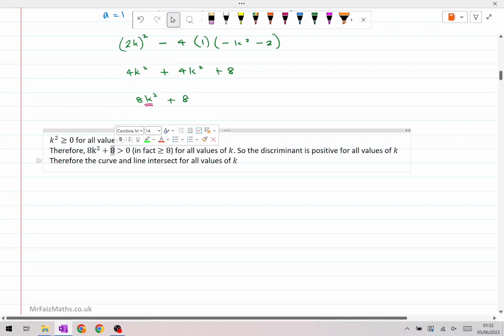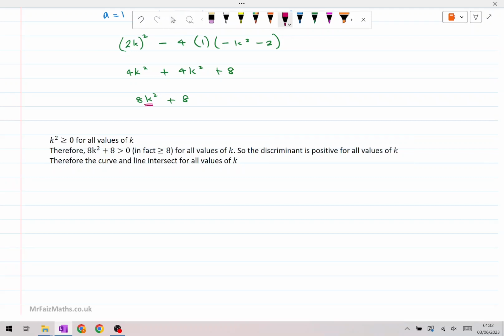But when we add 8 to it, that is now always going to be greater than 0, because 0 plus 8 will give us at least 8. So 8k squared plus 8 is greater than 0 for all values of k. So the discriminant is positive for all values of k. And if the discriminant is positive, there will always be two solutions. So the curve and the line will intersect for all values of k.